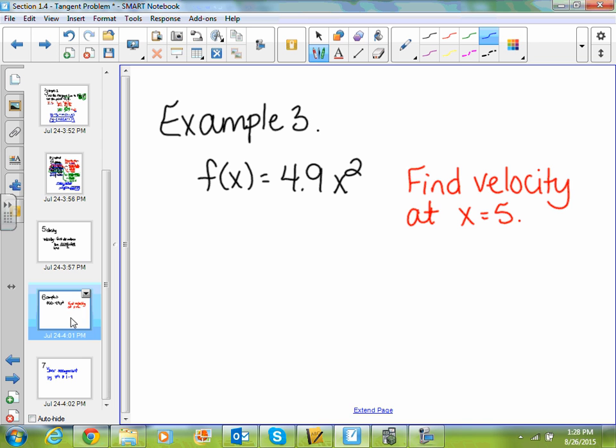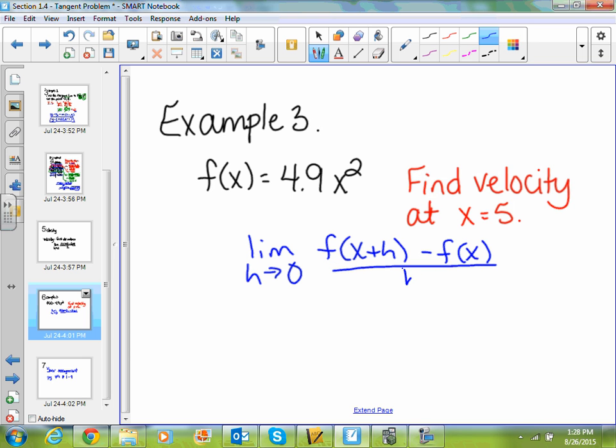Okay, so if I look at example 3, I'm asked to find the velocity at x equals 5 for the function 4.9 x squared. So the first thing I need to find is the limit as h approaches 0 of f of x plus h minus f of x all divided by h.